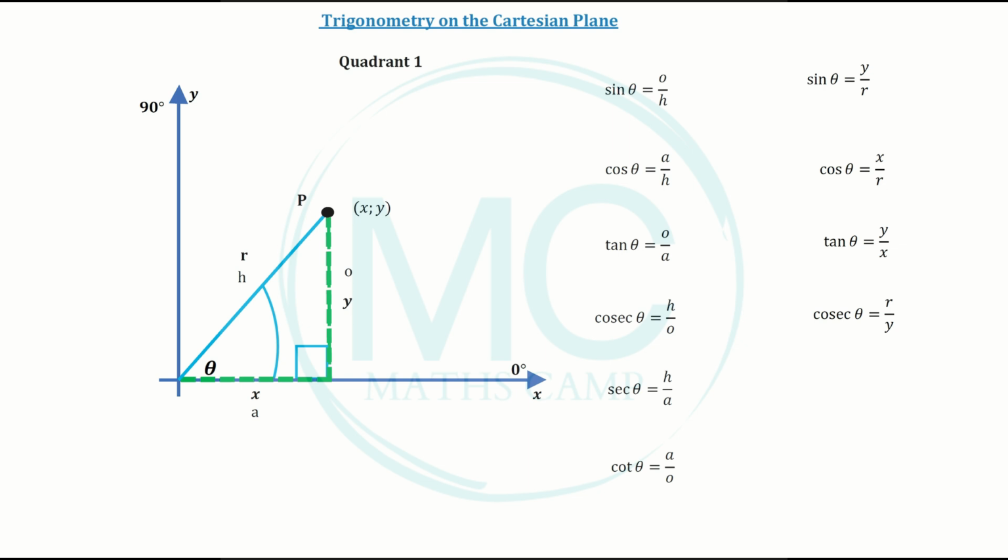We know that sec theta is equal to the hypotenuse over the adjacent side. Now the hypotenuse is r and the adjacent side is x, and we see that sec theta is equal to r over x. Finally, we know that cot theta is equal to the adjacent side over the opposite side. Now the adjacent side is x and the opposite side is y. So we see that cot theta is equal to x over y.